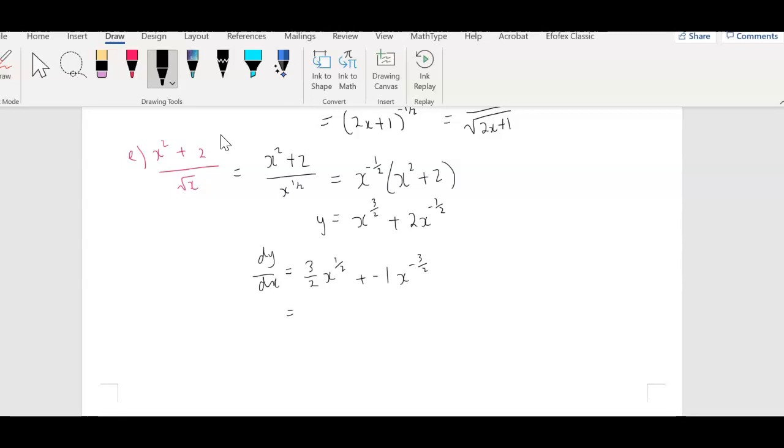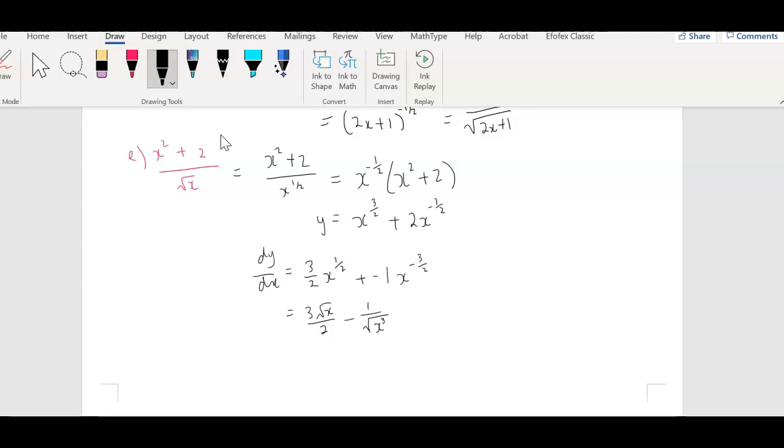Let's just tidy it up a little bit. So that's going to be 3 square root of x on 2 minus, then we've got the negative, so if we're going to do it as a square root, the square root of x cubed.